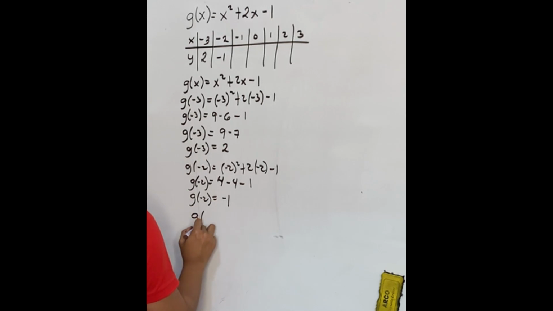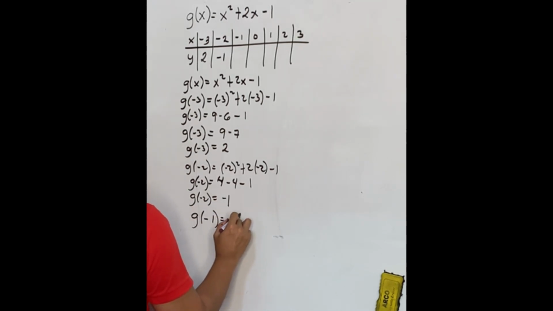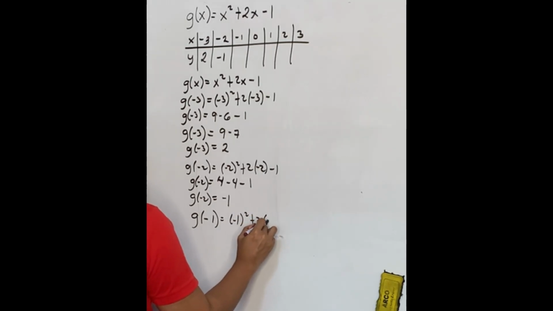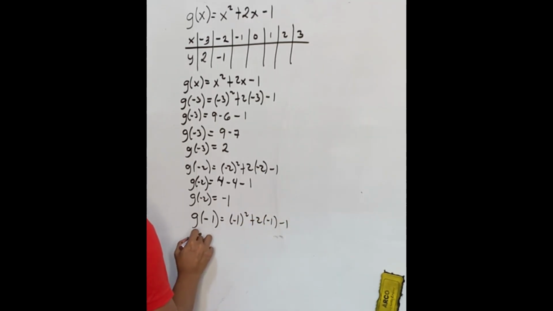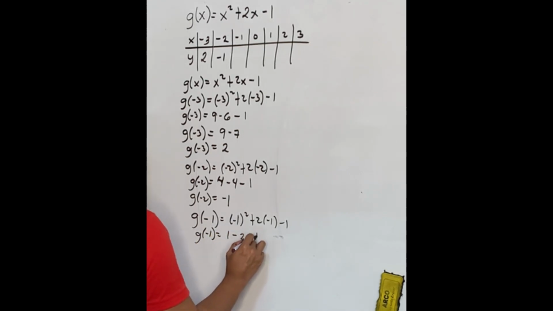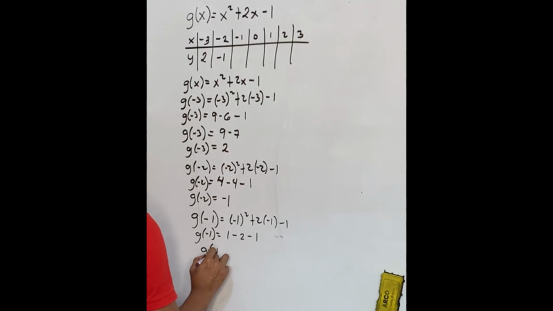Now let's have g of negative 1 is equal to negative 1 squared plus 2 times negative 1 minus 1. g of negative 1 is equal to 1 minus 2 minus 1. g of negative 1 is equal to negative 2.